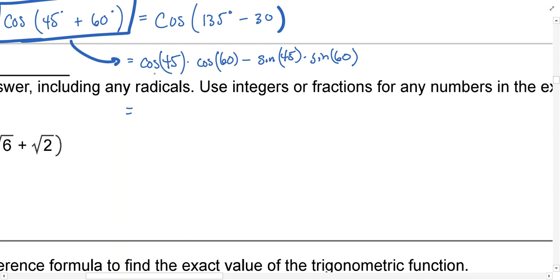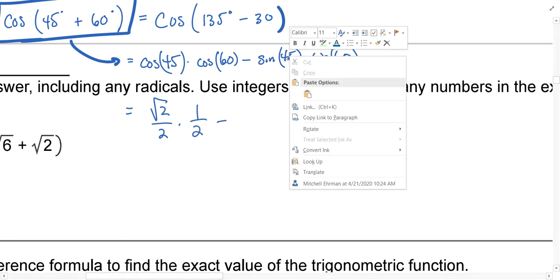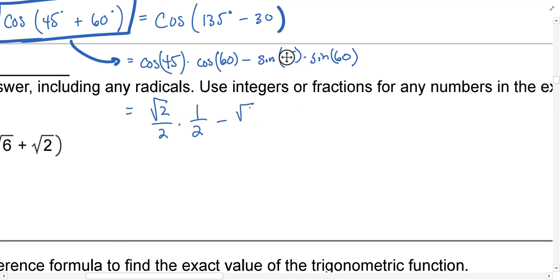And here again, using our knowledge of the unit circle, we should be able to evaluate these without too much effort. The x value at 45 degrees is radical 2 over 2. The x value at 60 degrees is 1/2. The y value at 45 degrees is radical 2 over 2, and the y value at 60 degrees is radical 3 over 2.